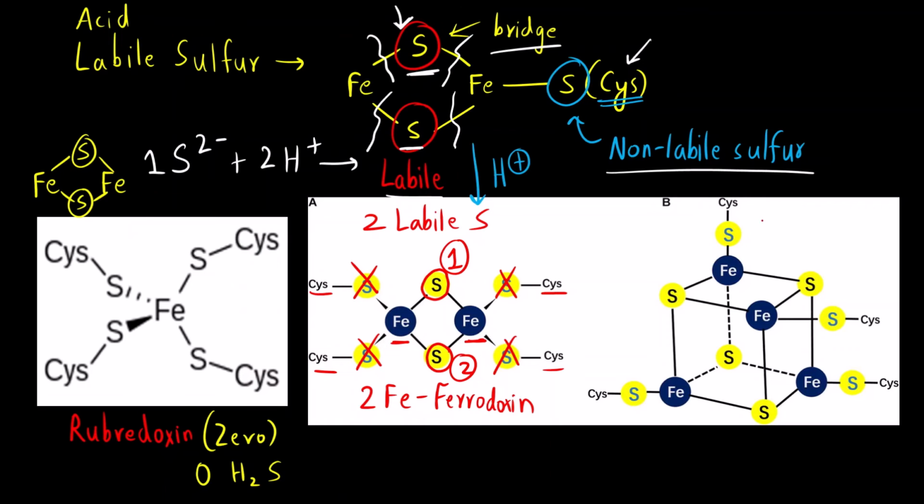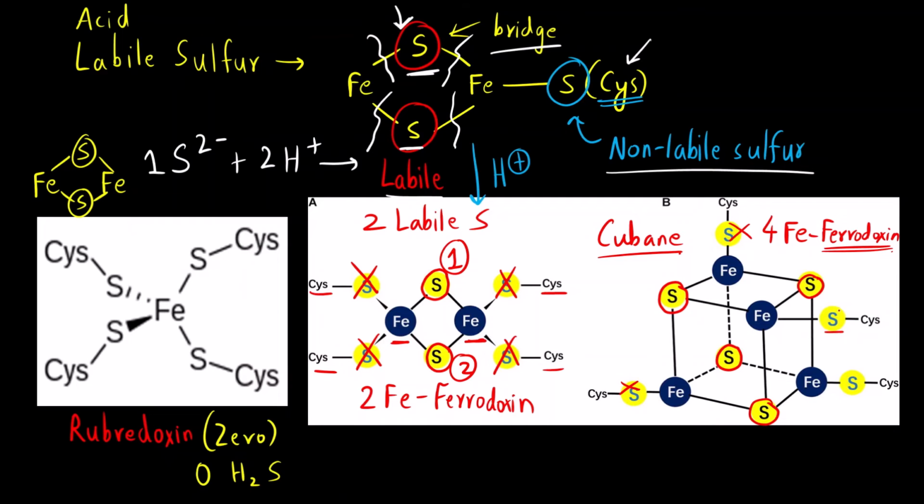Then this is the structure of 4-Iron-Ferredoxin. It is just like a simple cubic structure, or you can say cubane structure. Here, how many labile sulfurs are there? Again, you have to identify the bridged sulfurs. This is 1 bridged sulfur, 2, 3 and 4. This is non-labile, this is non-labile, attached to cysteine.